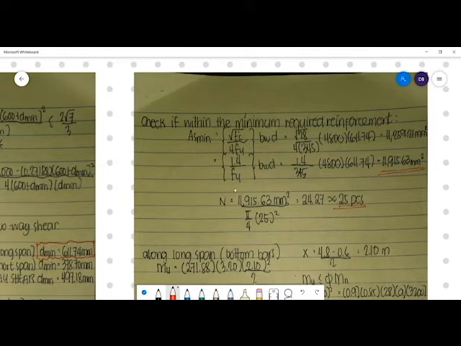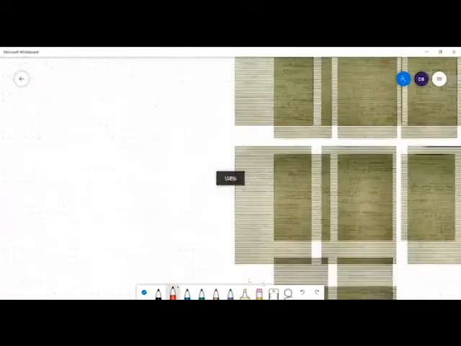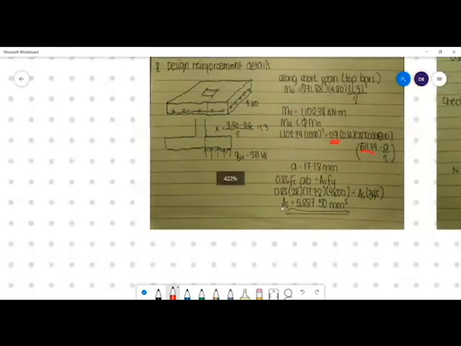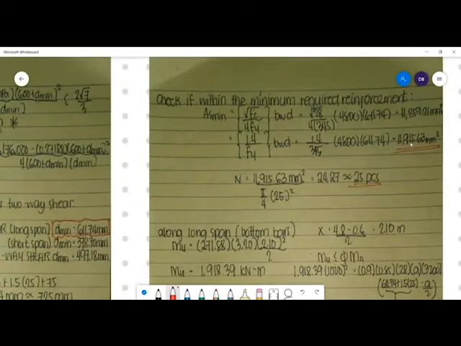Because the computed As earlier didn't reach the minimum steel area, we use the one that governs, 11,915.63 millimeters squared.